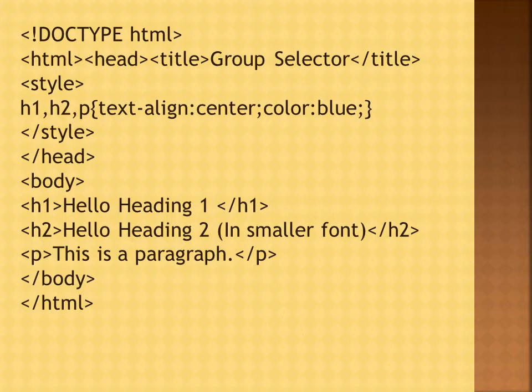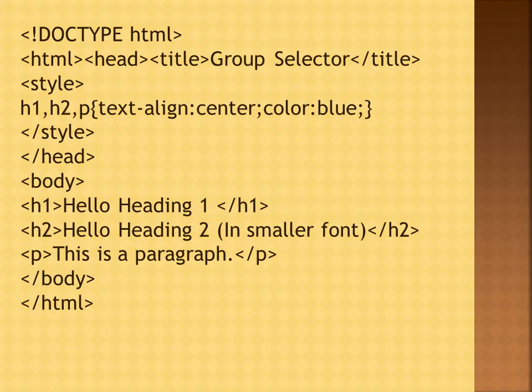So this style is applied on the h1 tag, h2 tag and paragraph tag. So group these three html elements together, that is h1 comma h2 comma p, and then write the proper style. Text-align equal to center and color is blue. Then close the style tag, close the head tag, then open the body tag.